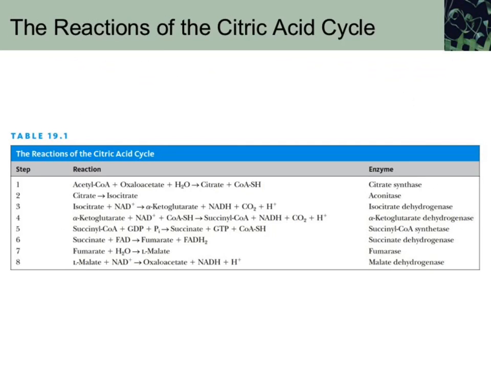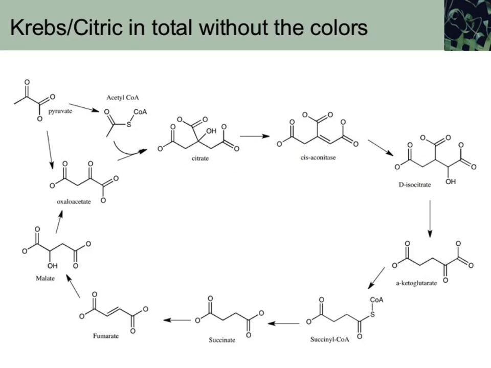Nope, not that one. Next slide? Yeah. So we said citrate is right here, and isocitrate is right there. We're talking about that one reaction. Wait a second. That looks like 2 reactions. That's because it is 2 reactions.